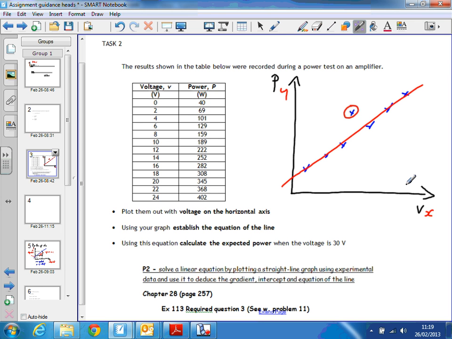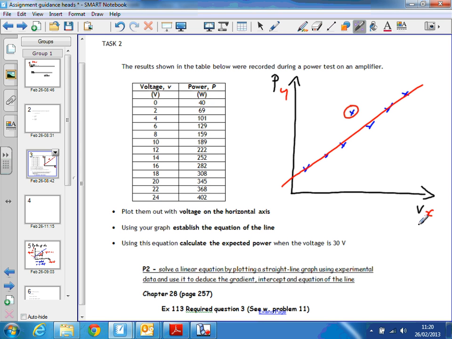So then we can find the equation of the line, because the equation of the line gives us a formula that relates, in this case, power and voltage. Often in engineering, you're using them already, you use formulae. And how are these formulae arrived at? Quite often from a set of results and plotting a graph to get the relationship between one variable and another.